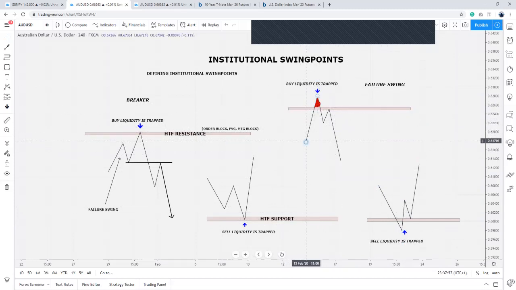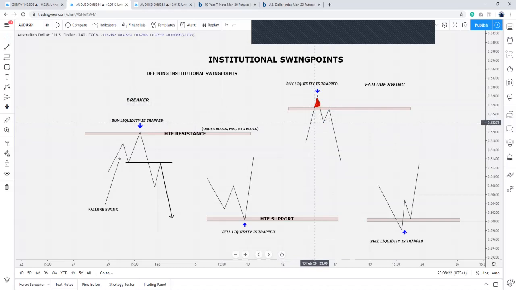The typical characteristic of the failure swing is that price is going to blow past that level. So it's going to look like price is breaking out of that resistance level, like a breakout pattern, but then price breaks out of that level and quickly pulls down below that level. Once you see that, that becomes a possible failure swing.